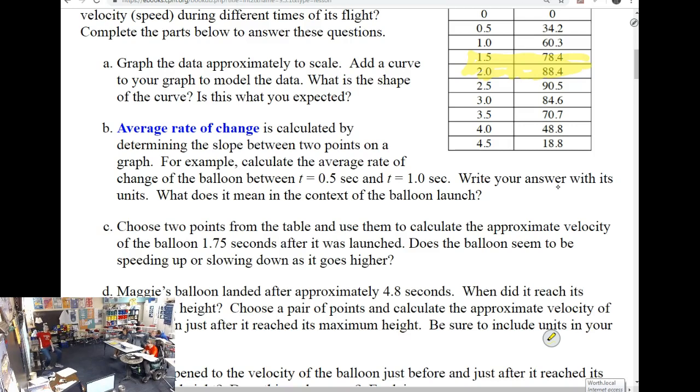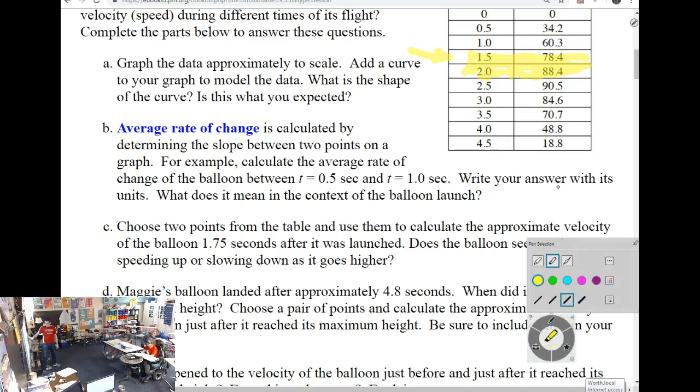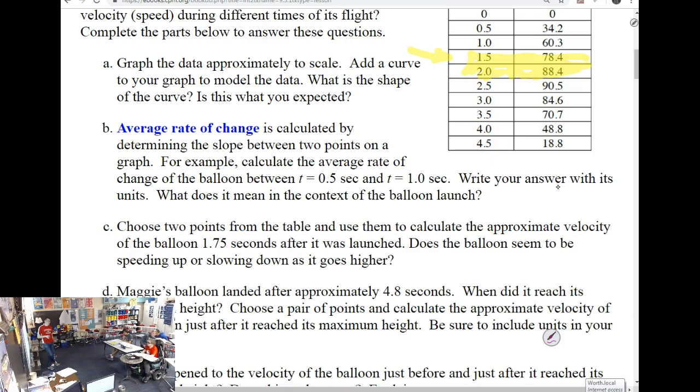What can we say about the trajectory at 1.5 compared to the 20 feet per second we just found? The trajectory would be about in the middle of 78.4 and 88.4. At 1.5, the speed of the balloon would be greater than 20 feet per second, right? Because it's on the up.